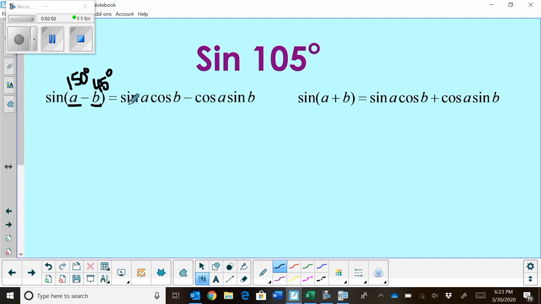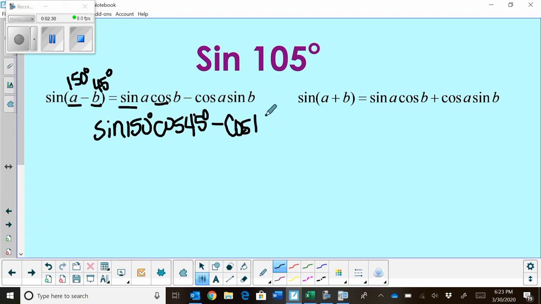So if we expand that out, we're going to take the sine of A, which is 150, times the cosine of B, where B is 45 degrees, minus the product of the cosine of A, where A is 150, times the sine of B, where B is 45 degrees.